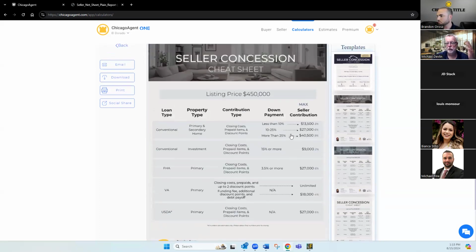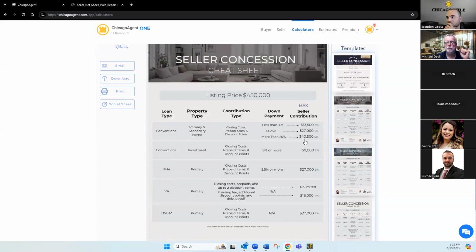Depending on whether it's owner occupied or an investor property, you can see conventional, and notice in conventional, depending on the down payment, it limits. You see it goes from 3% if it's less than 10% down to 9% if it's more than 25% down. But again, we're rarely pushing this, so whatever.